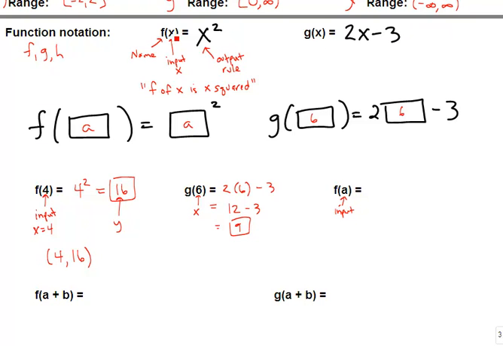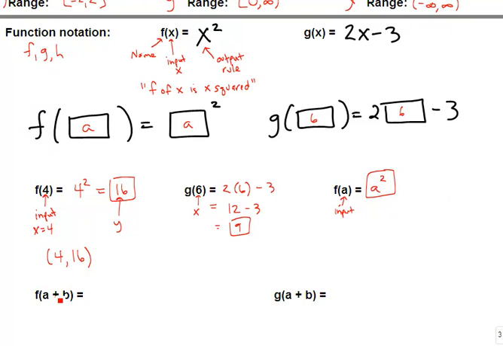Or in other words, we're substituting in a instead of x. So instead of f of x, we want f of a, and that just becomes a squared. And we can't simplify that because we don't know what a is. So our answer is just going to be a squared. So if your input is a variable, then your output is also going to involve that variable.